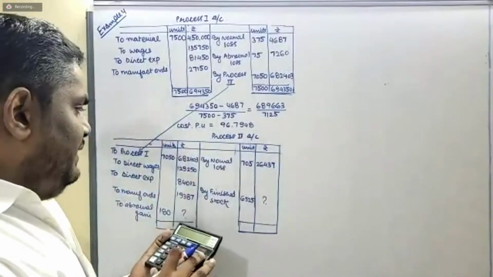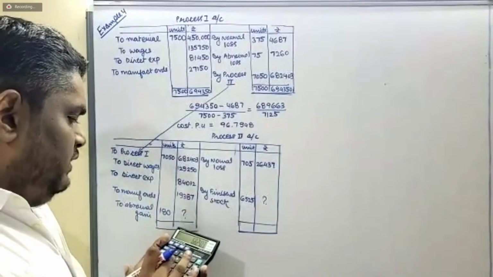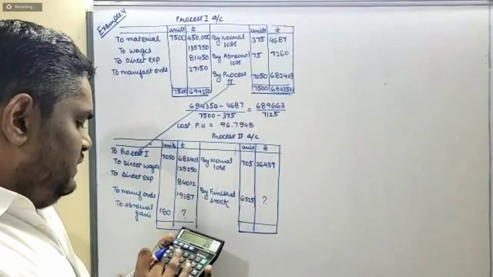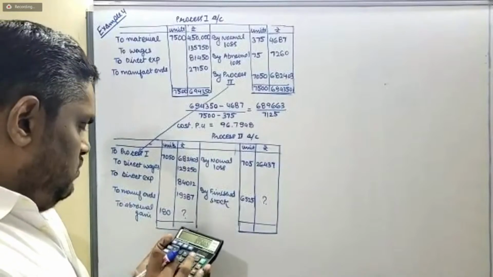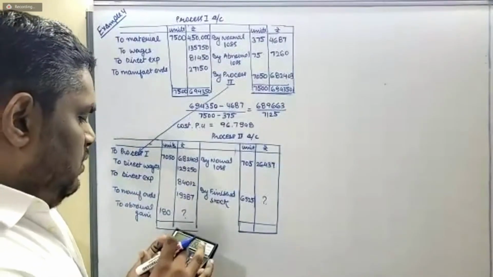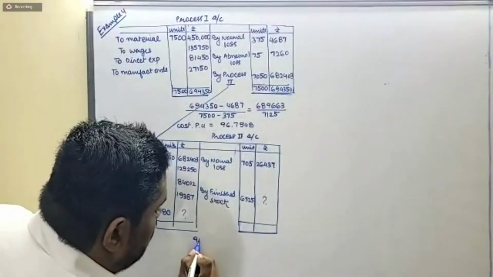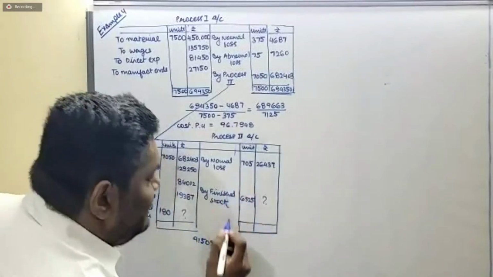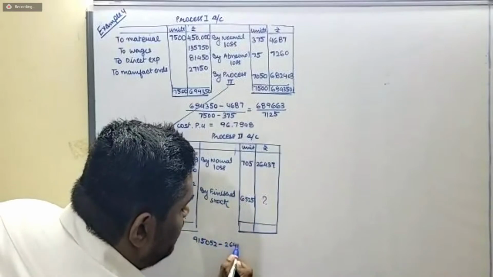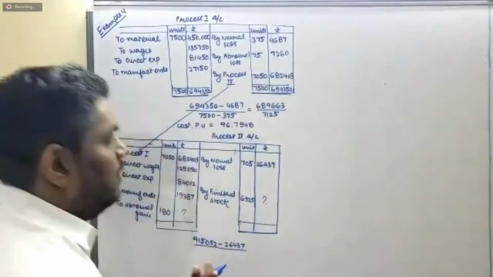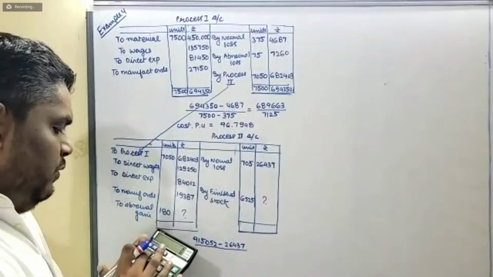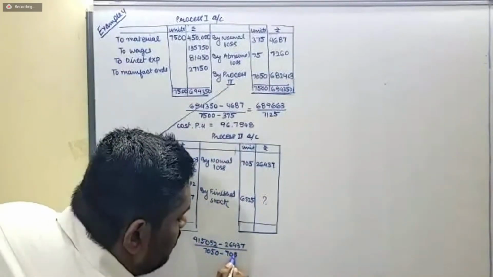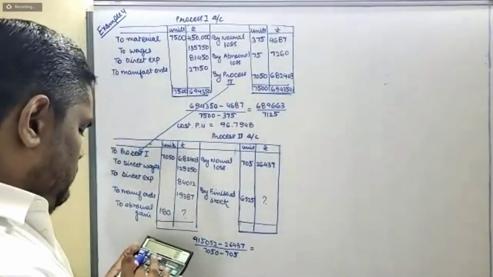So the cost incurred till date is 682,403 plus 129,250 plus 84012 minus the scrap value realized, that is 26,437, whole divided by my expected output, that is 7050 minus 705.